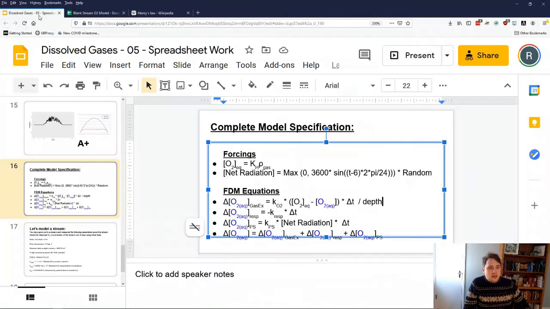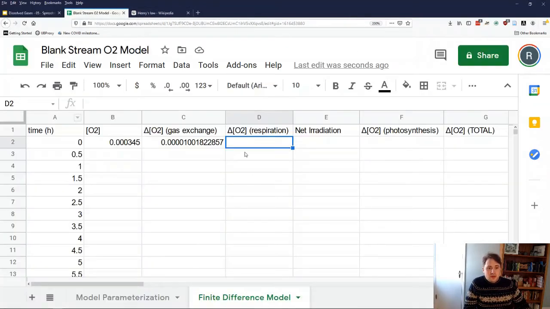We said, again, that this is just a constant multiplied by your time step. But we wanted to do that minimum function so that the consumption of oxygen could never be greater than the oxygen that's available in the system at any given time.